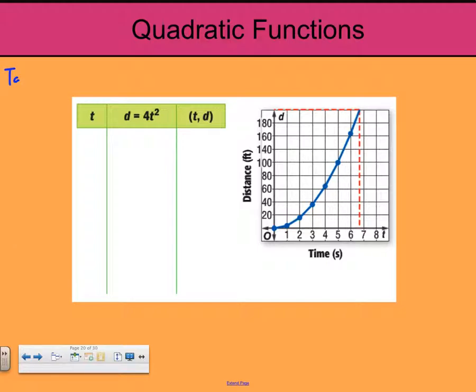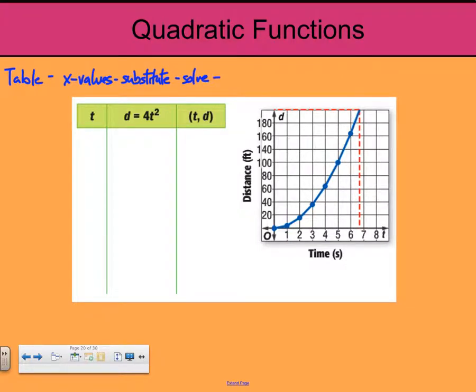We're going to make a table. Then we've got to come up with x values. After we come up with x values, we're going to substitute those into the equation. Once we substitute, we solve.